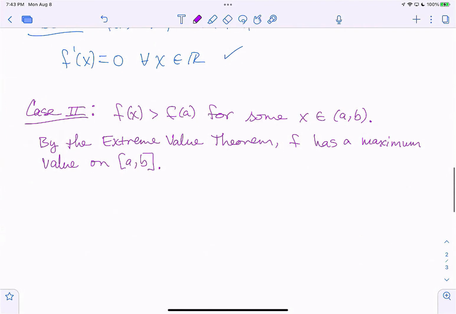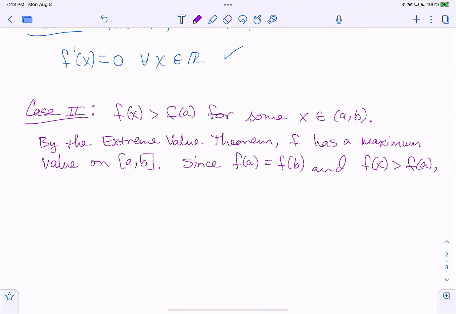Now, since f of a and f of b equal each other, and since for this value x, f of x is greater than f of a, the maximum must be somewhere on the open interval from a to b. It's not going to be at an endpoint.